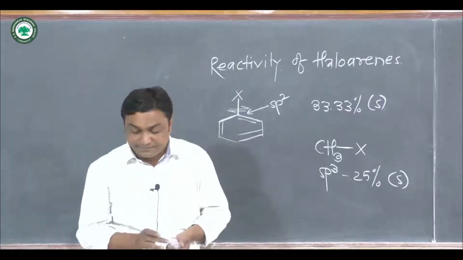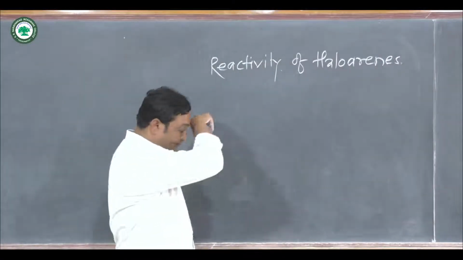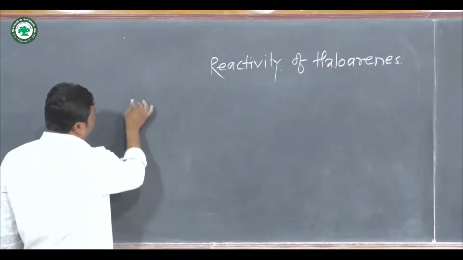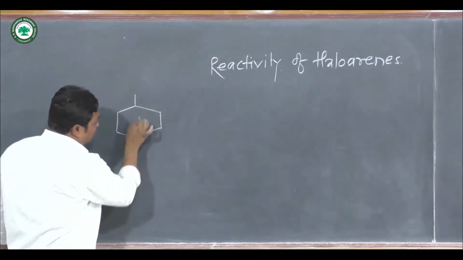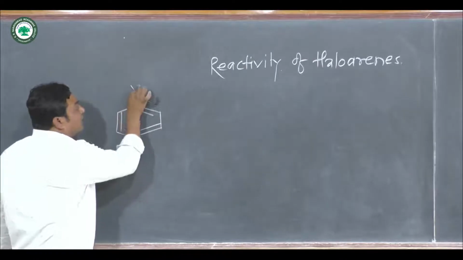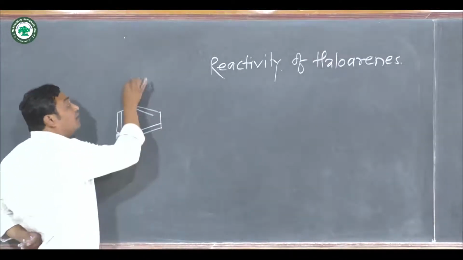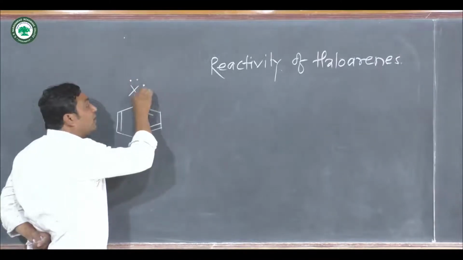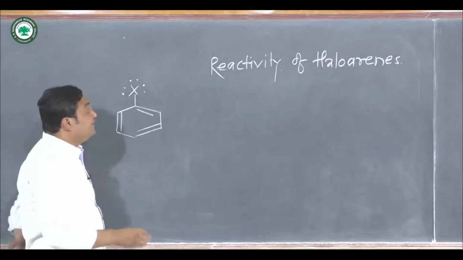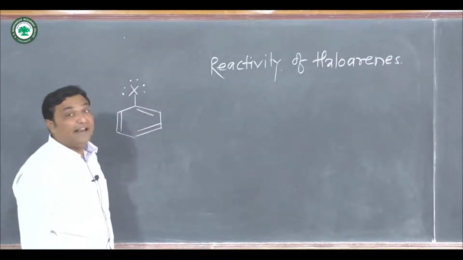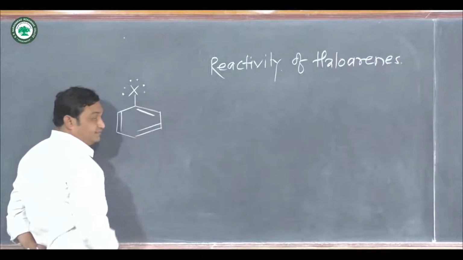Along with that, we also know that the halogen atom carries a non-bonding electron pair on it, and these non-bonding electron pairs are in delocalization with this pi bond.